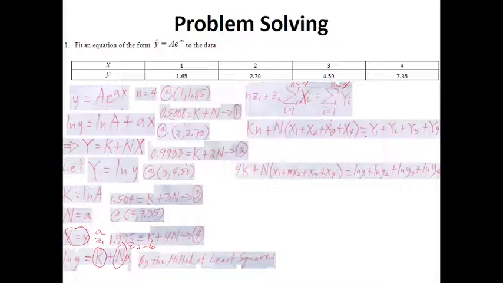On the other hand, for y sub 1, y sub 2, y sub 3, and y sub 4, since ln y is represented by uppercase y, because we let uppercase y equals ln of lowercase letter y. So if this is y sub 1, this is ln y sub 1. So y sub 1 uppercase equals ln y sub 1 lowercase, y sub 2 uppercase equals ln y sub 2 lowercase, and so forth.